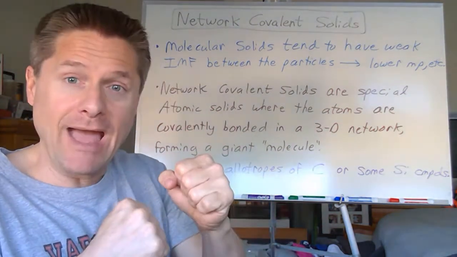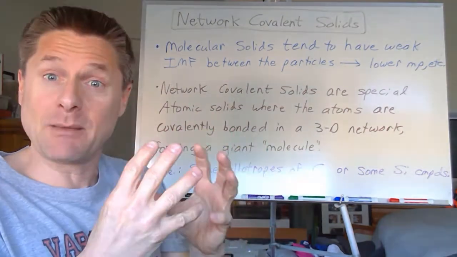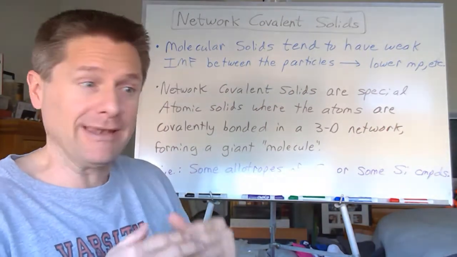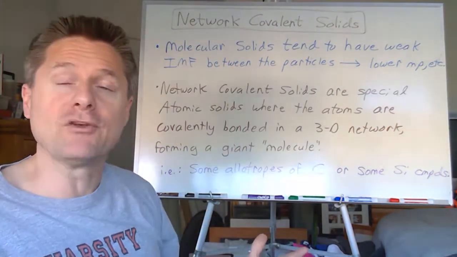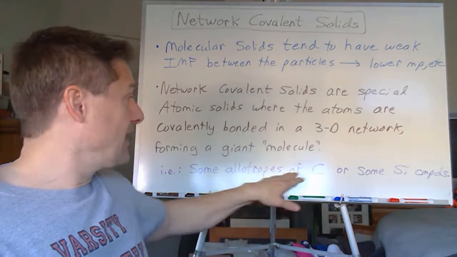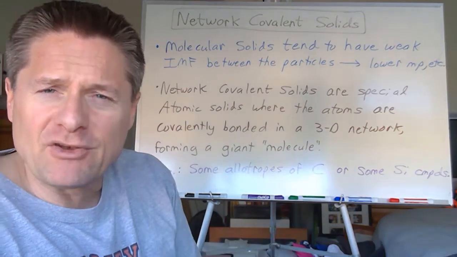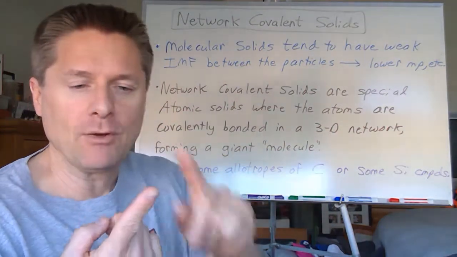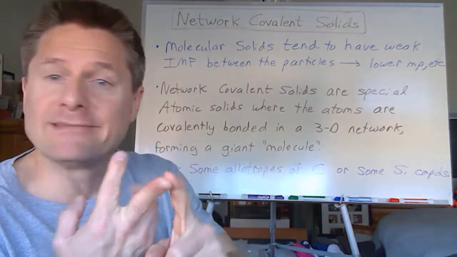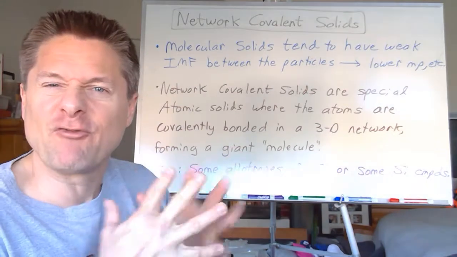A lot of them can form a covalent bond, like chlorine, but then you just have a diatomic chlorine molecule, which is a molecular solid, and the forces of attraction between two separate chlorine molecules are weak London dispersion forces. But things like carbon, certain allotropes of carbon. If you're not familiar with the term allotrope, it's just different forms of the same element. We'll look at graphite, diamond, buckyballs, carbon nanotubes, all these different forms of carbon.